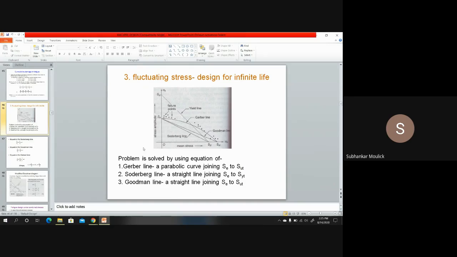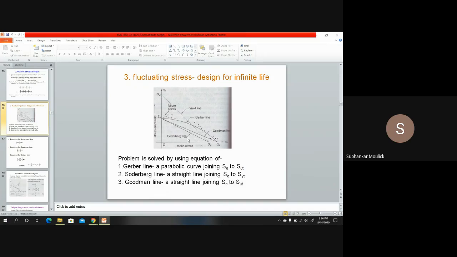Fine. Then on this sigma m, sigma a plot, if I draw a straight line joining SE on the y-axis to SYT on the x-axis, that particular line is known as your Soderberg line.